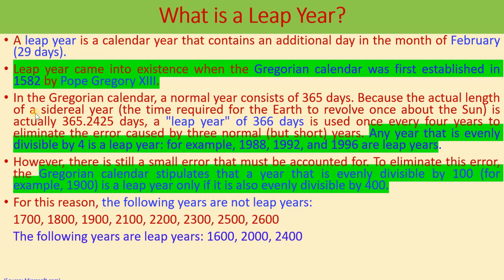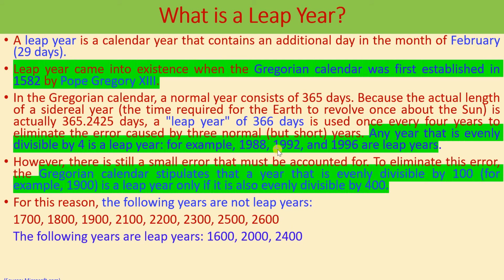So during a normal year, we take into account only 365 days. We are leaving out this fraction. So in the leap year, we are taking care of this portion of the year that is left out in the other 3 years. So any year that is evenly divisible by 4 is a leap year.